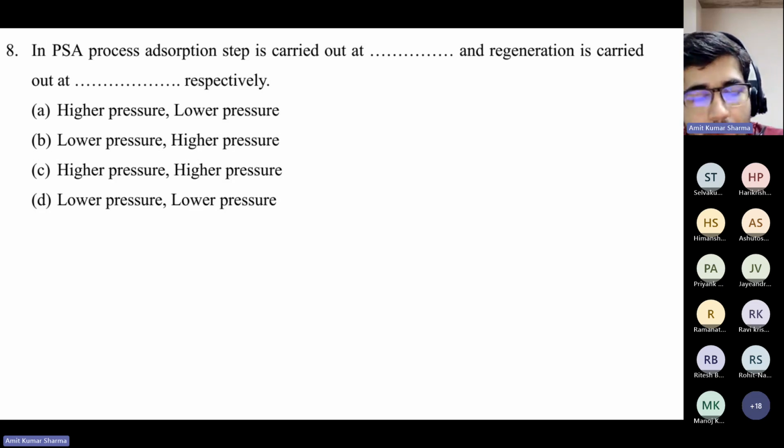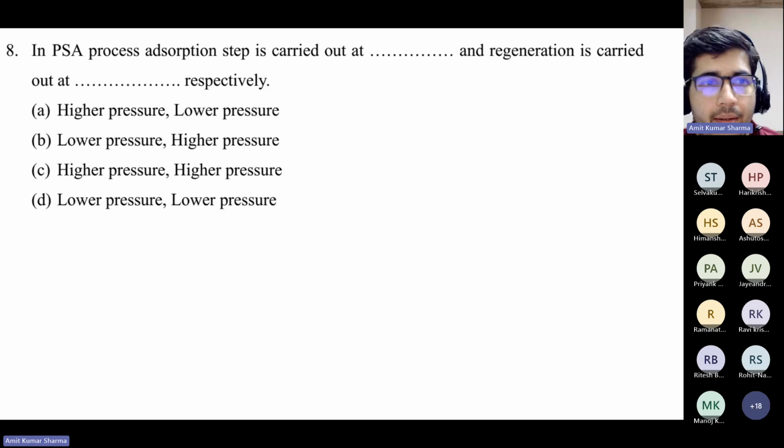Nowadays VPSA systems are also there. As per the gas component and purity, different systems are used. For hydrogen, we use high pressure because the hydrogen molecule is very small and light.